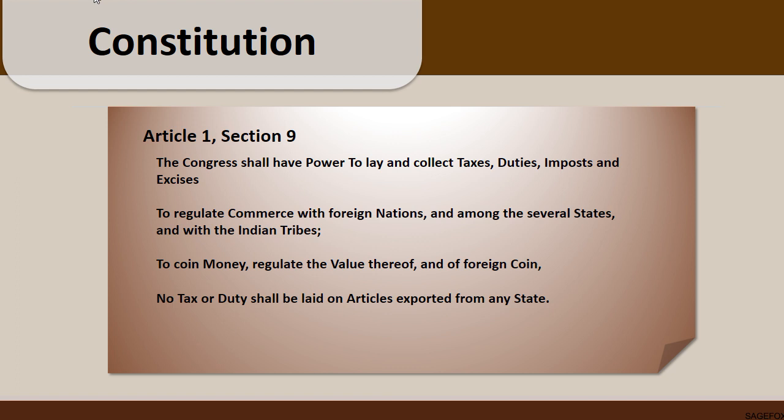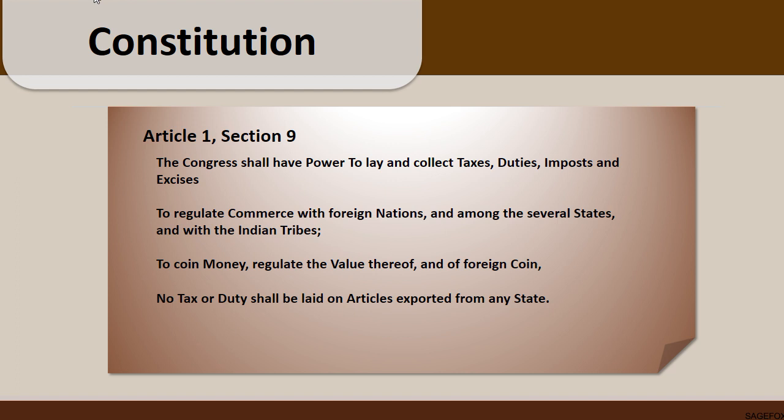Again, coin money, regulate the value of others, and of foreign coin. So Congress clearly has the power to regulate the value of the U.S. dollar relative to other foreign currencies. Regulate the value of our dollar compared to foreign currencies.